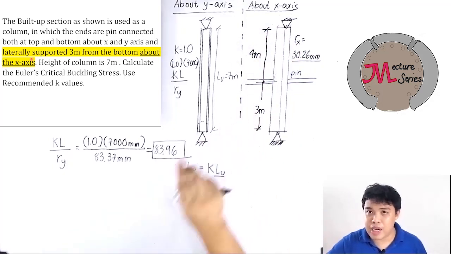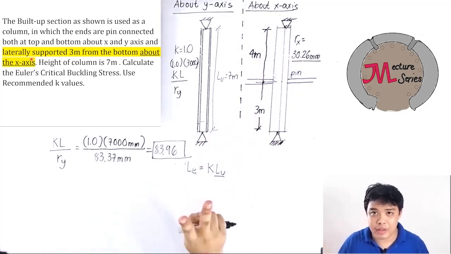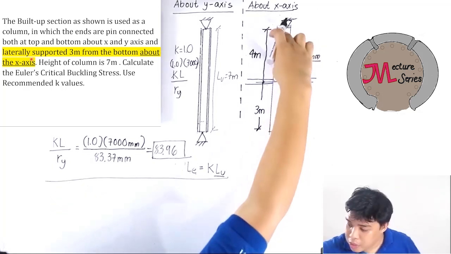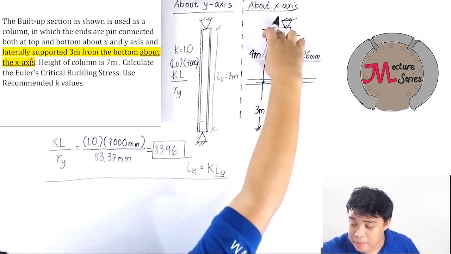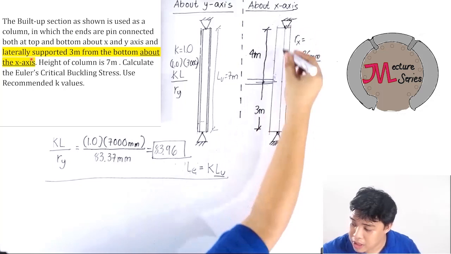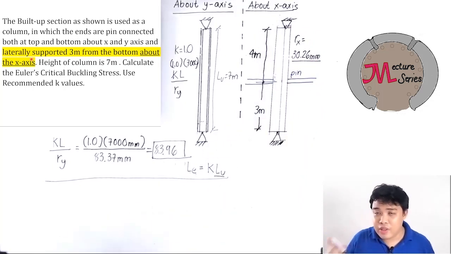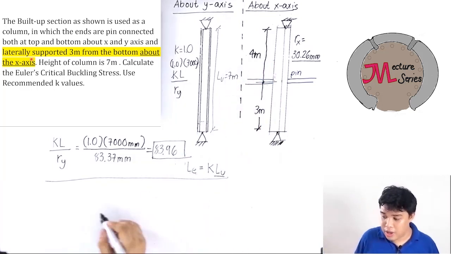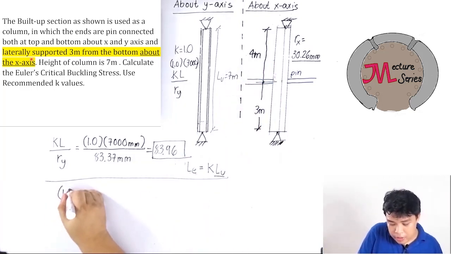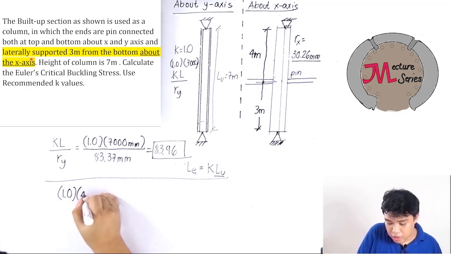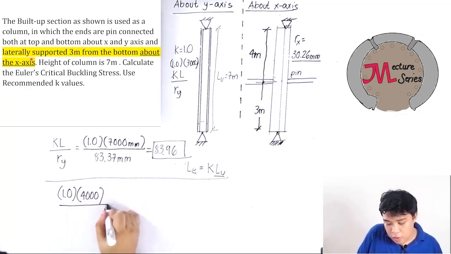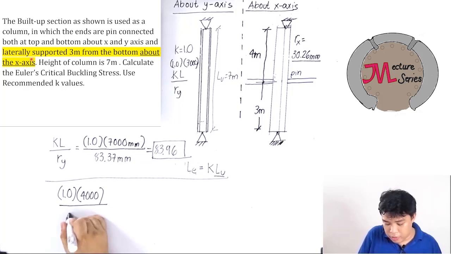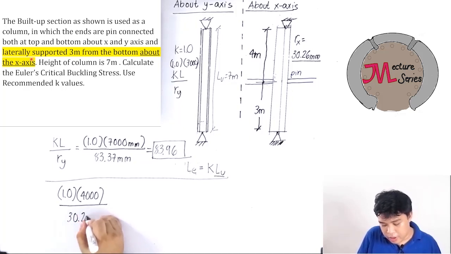So therefore, in this plane, you have two values of slenderness ratio. So if you're going to consider this segment, this is pin connected and this is pin connected. Therefore, the effective length factor is also 1. If we're going to get the slenderness ratio here, that is equal now to 1.0 times the length of 4,000 millimeter all over R_x, which is 30.26.